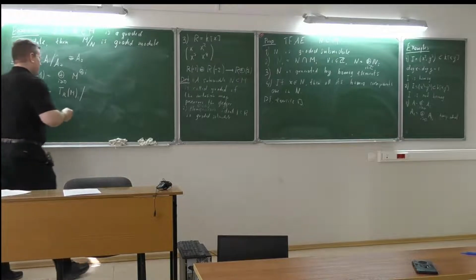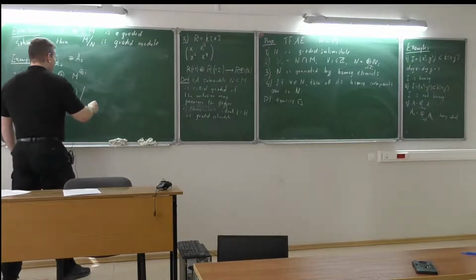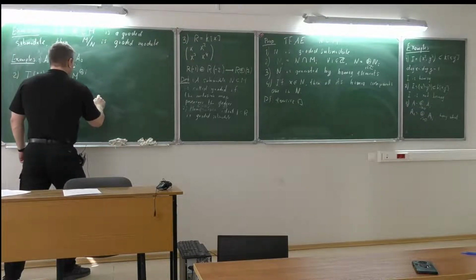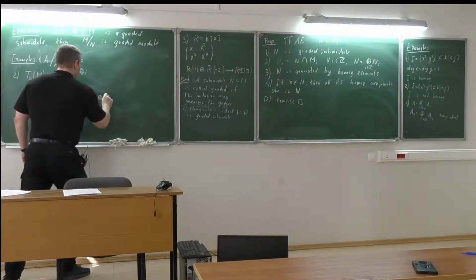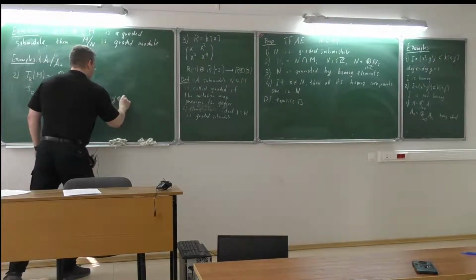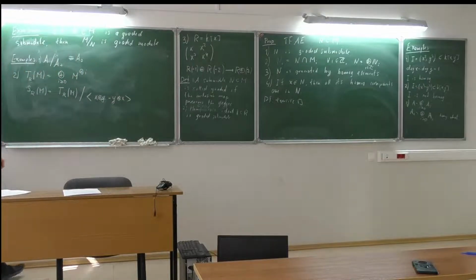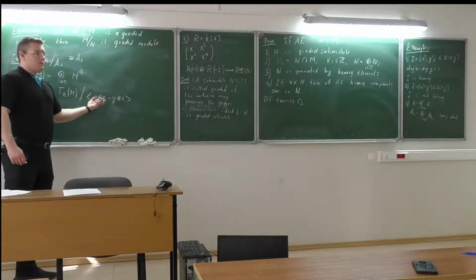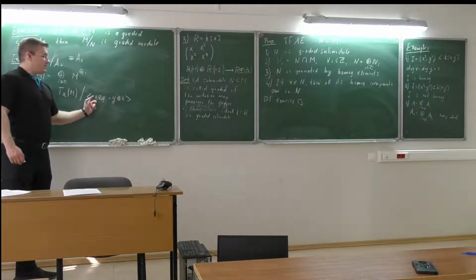The relations that you want is the two-sided ideal generated by x tensor y minus y tensor x, I mean symmetric. And what's important here, notice that all the generators are of degree 2. And since all the generators are homogeneous, this is a graded ideal.